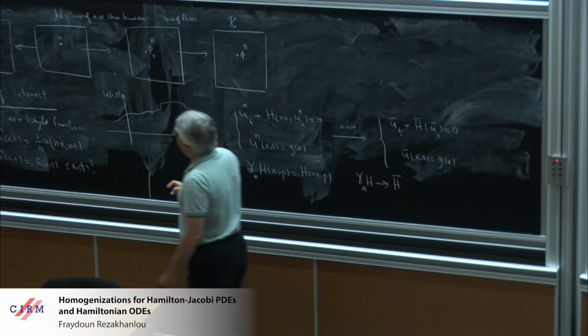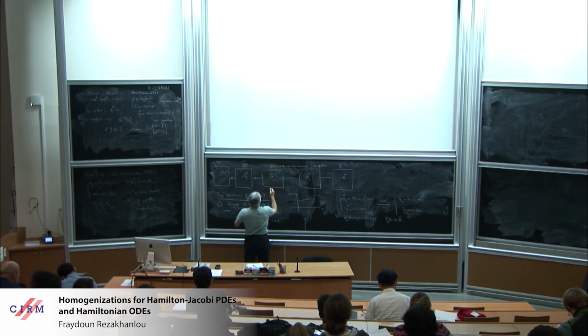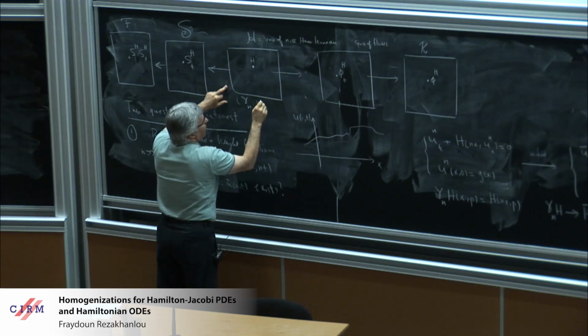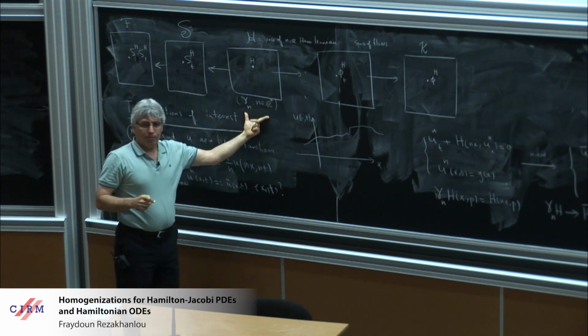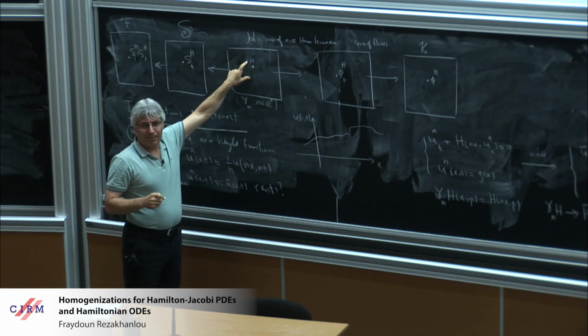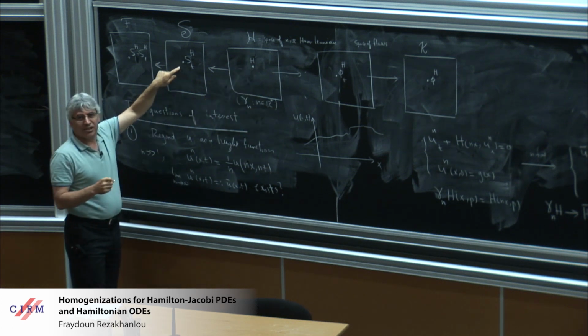And basically, you have a group action here. So this is a group action. n here is positive, so it's in R plus. This is a group. This group is acting on the space of Hamiltonians. And to address the notion of convergence, it is much easier to address it here.